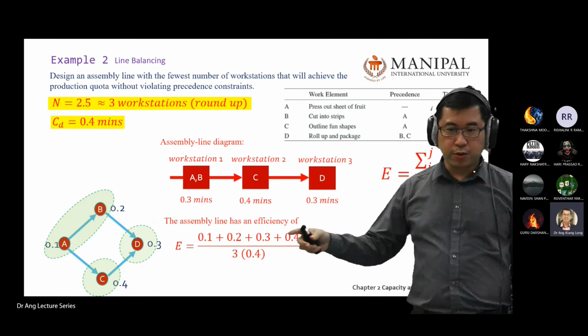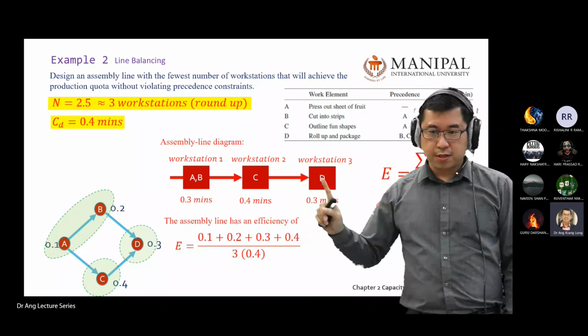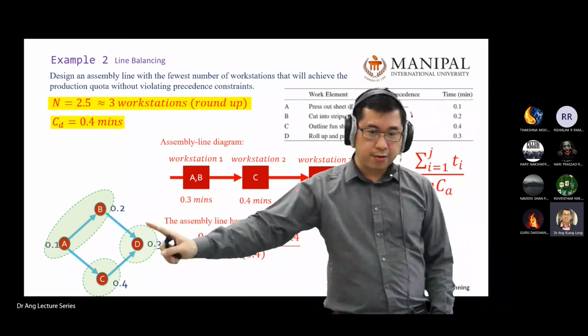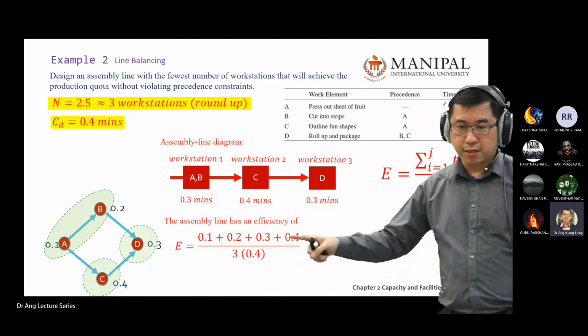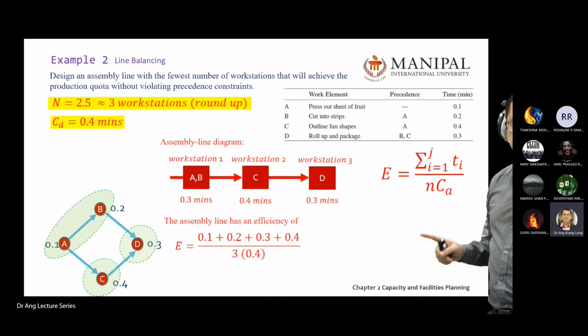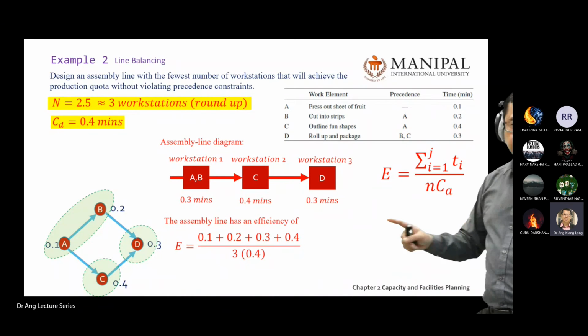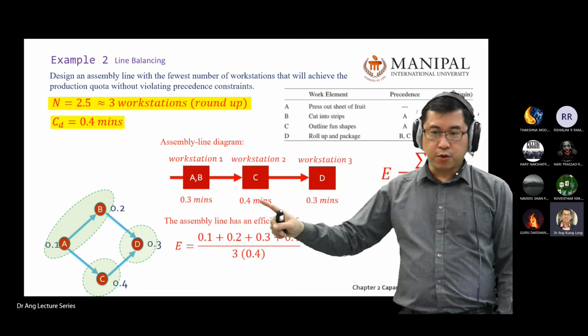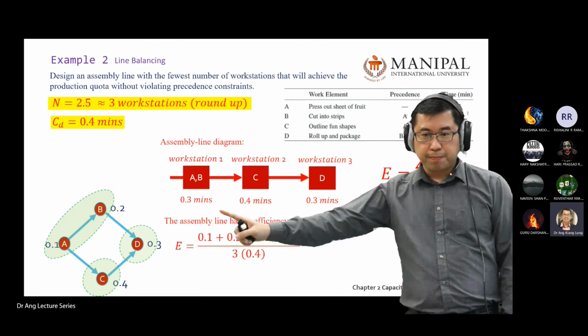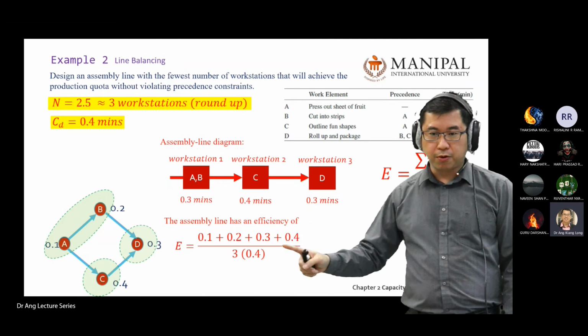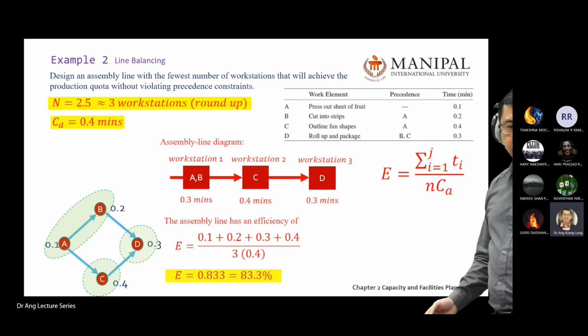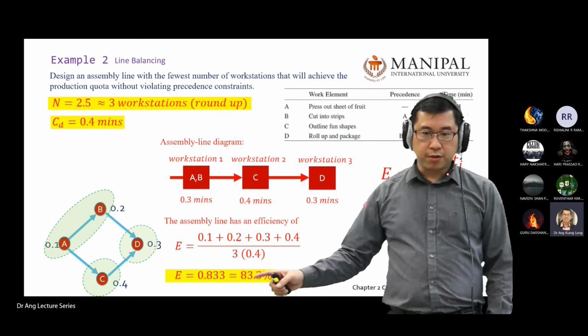You only have 3 workstations, right? 3 boxes or 3 circles, so you put a 3 there. CA, actual time, you check 0.3, 0.4, 0.3. Pick the maximum. Maximum is 0.4. Put 0.4 here. The efficiency is 83%.